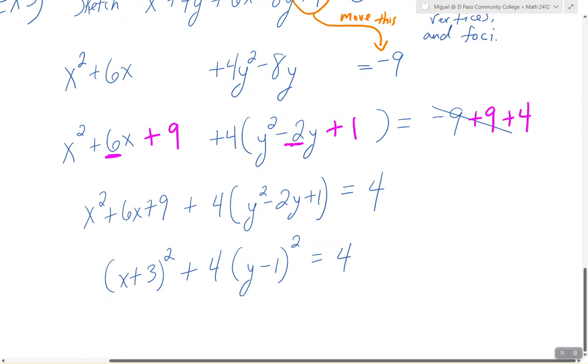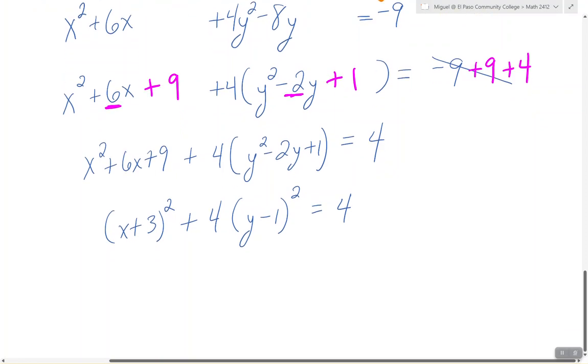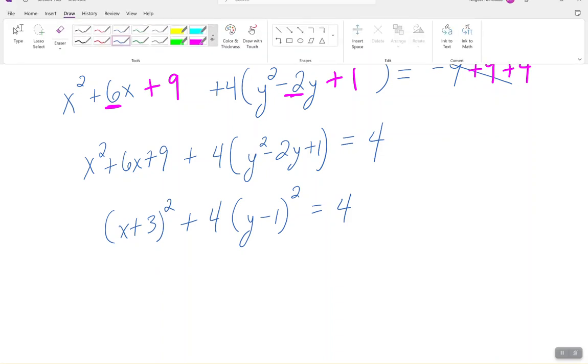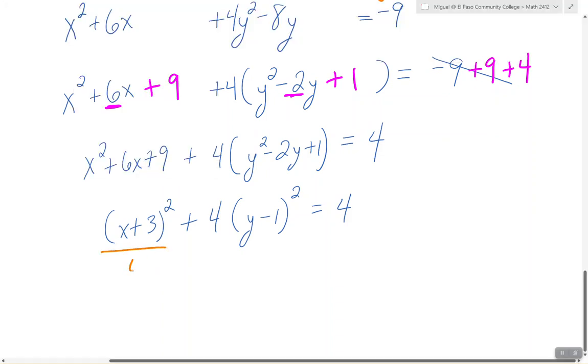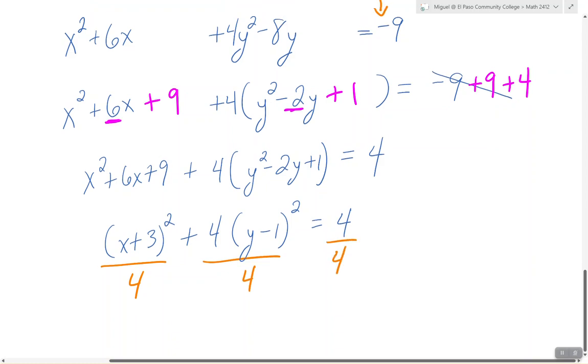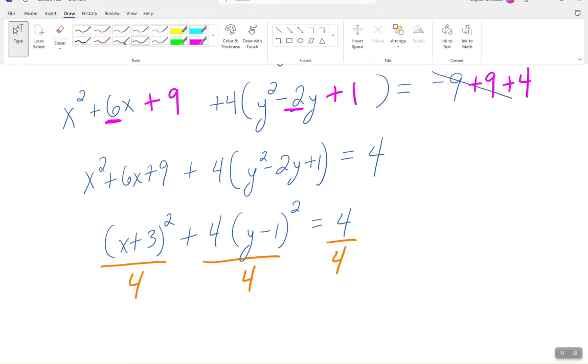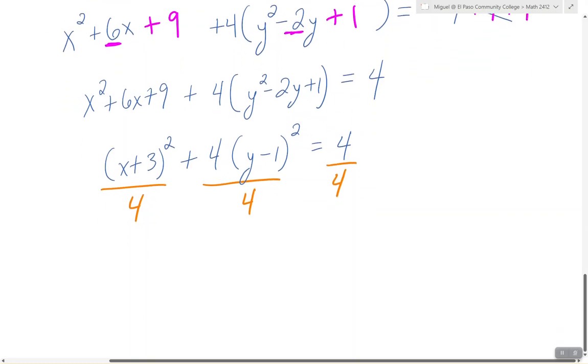So now these are nice and factored. Let's get our 1 on the right now. So we'll divide everything by 4. The first term stays the way it looks.